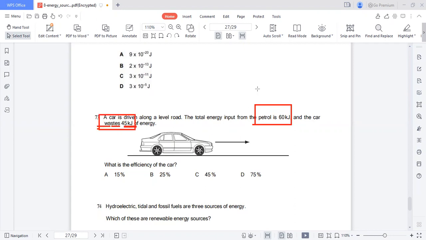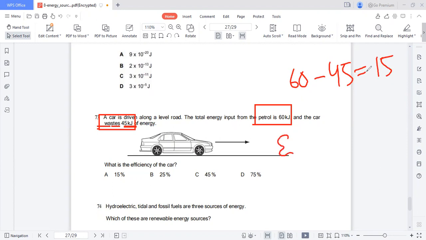It means 60 kilojoules of energy was given to this car, and 45 out of which is totally wasted. So we are left with 60 minus 45, only 15 kilojoules of energy, which is our useful energy.